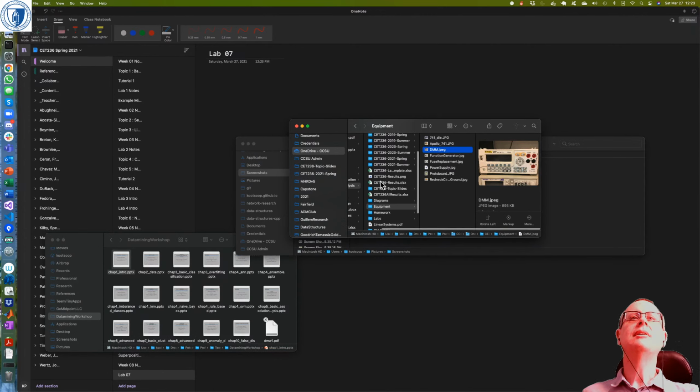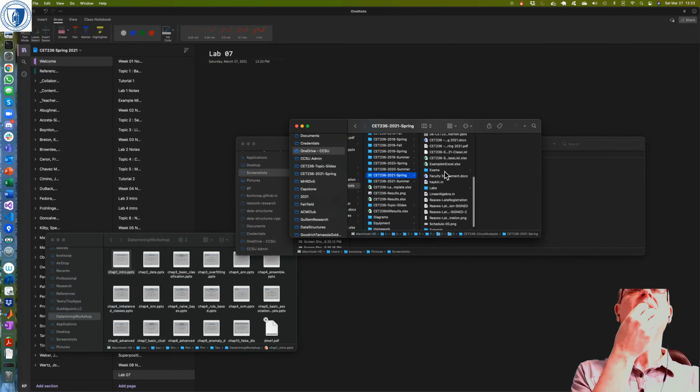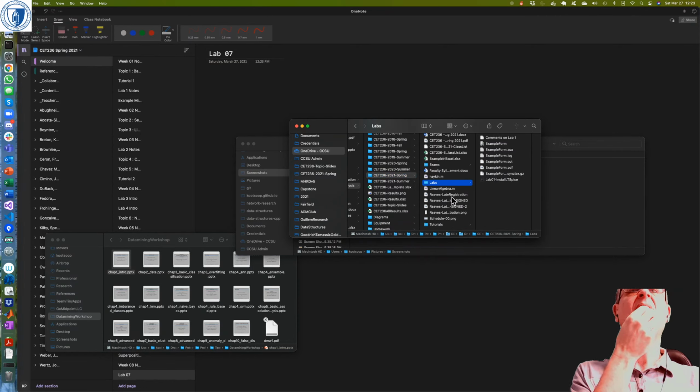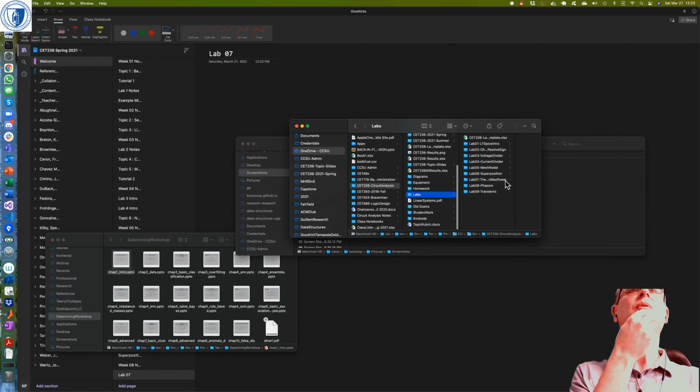And let's just see, like I said, I think my computer is slowly dying. Oh, that's right, I moved all of those out.